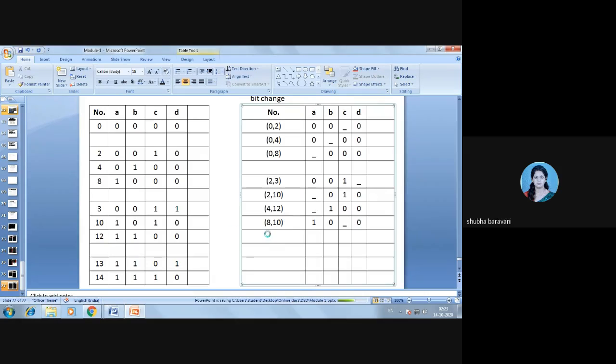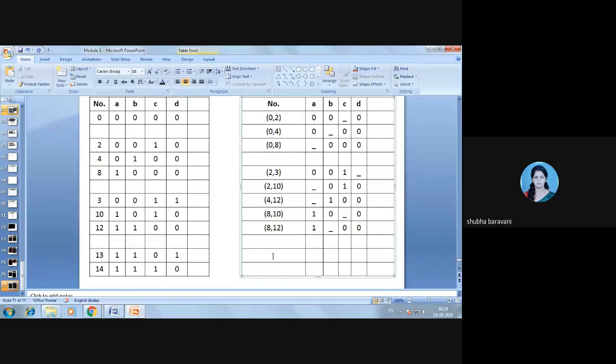Okay. Then 8, comma 12. Is it possible? Yes, ma'am. Okay, it is 1 dash 0, 0.